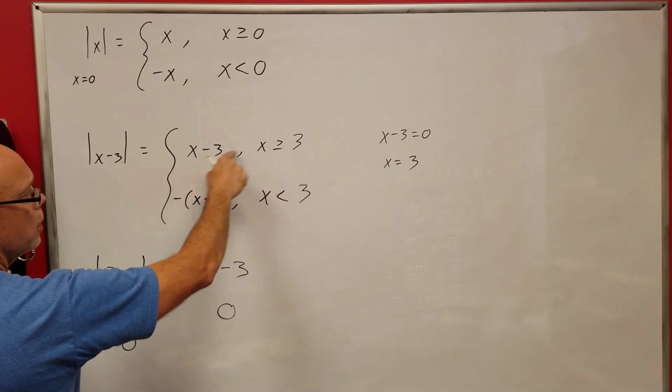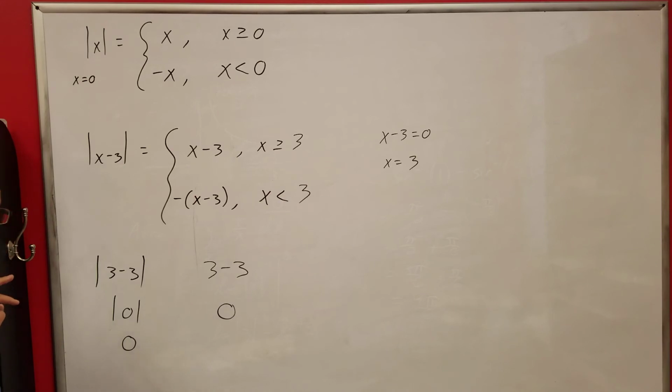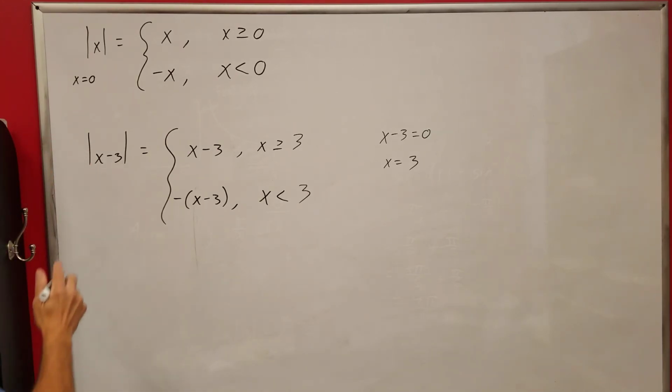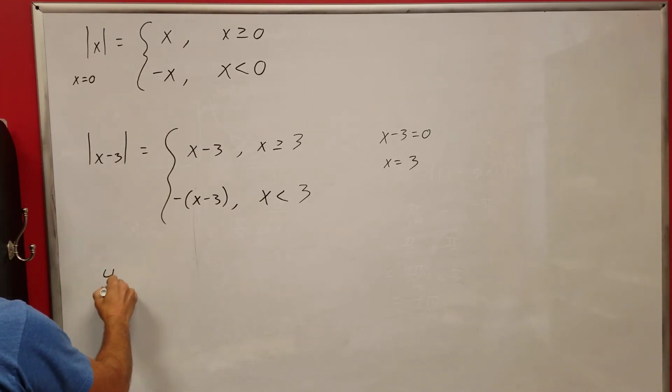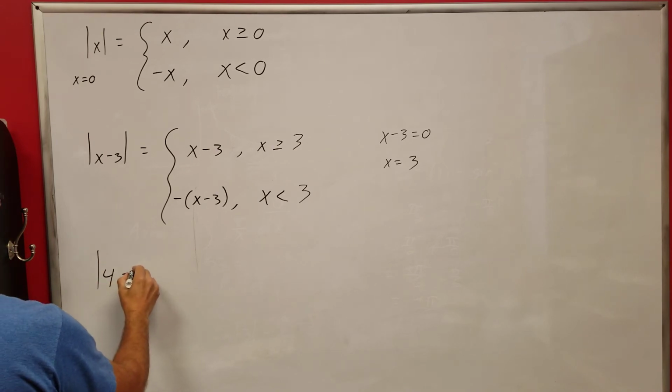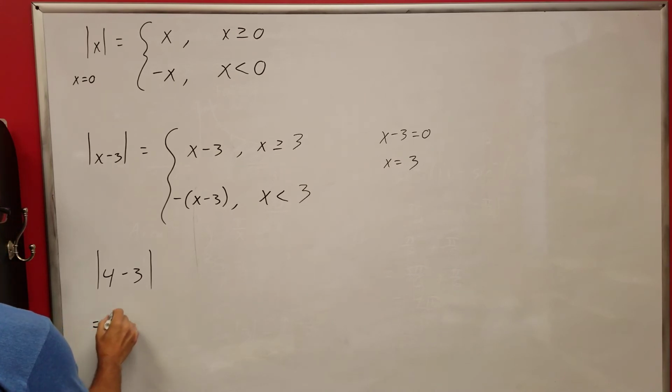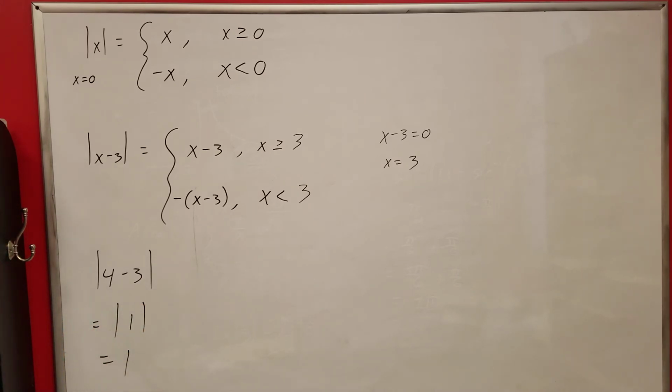Does this work for a number that's greater than 3? Like, let's say 4? Well, let's see. Let's test it. So what if we have 4 for x? We have the absolute value of 4 minus 3 when I plug it in there, which is equal to the absolute value of 1, which is equal to 1.